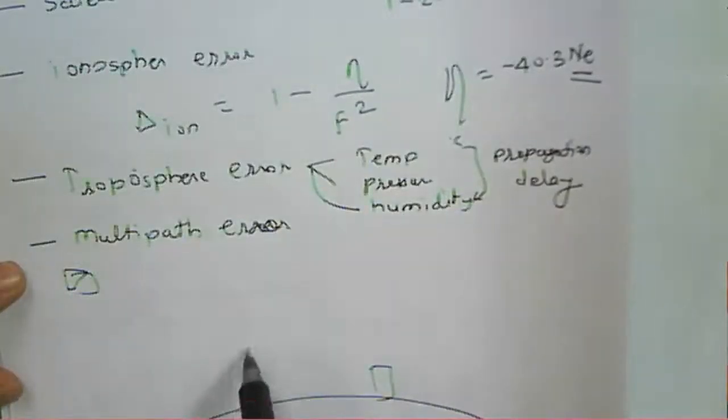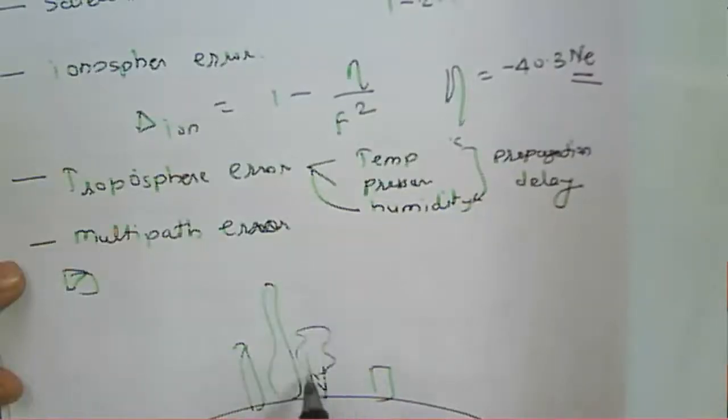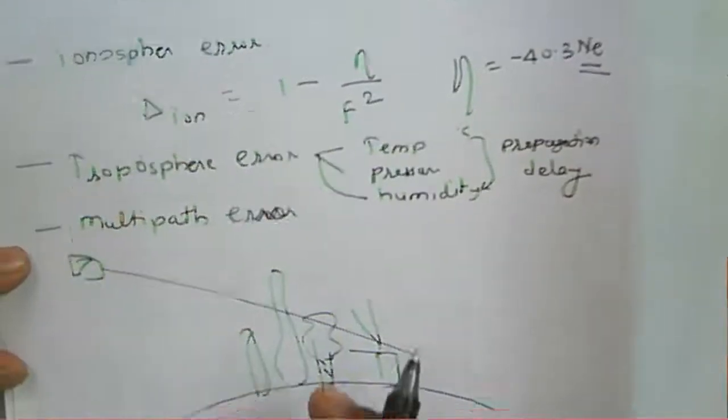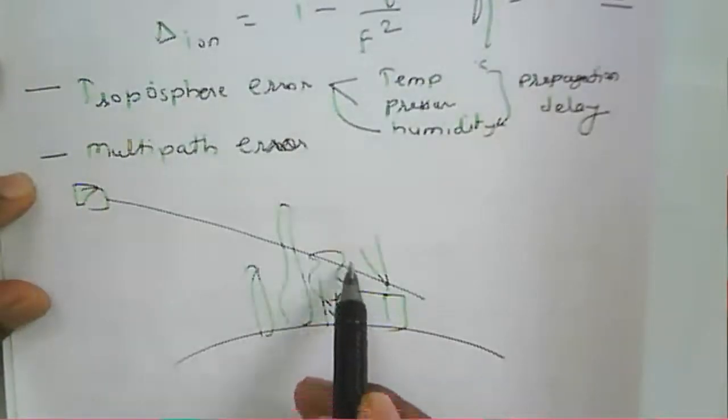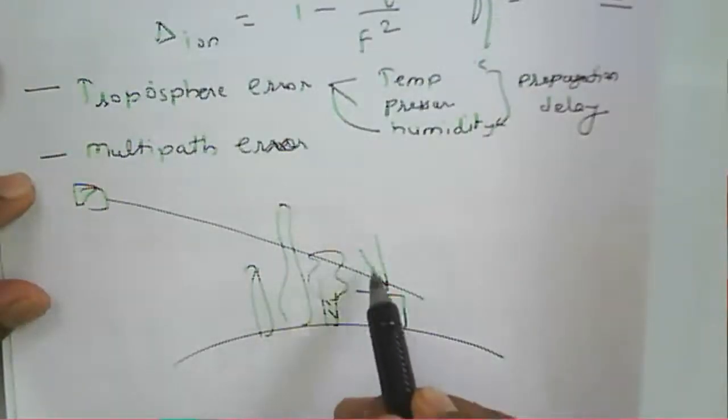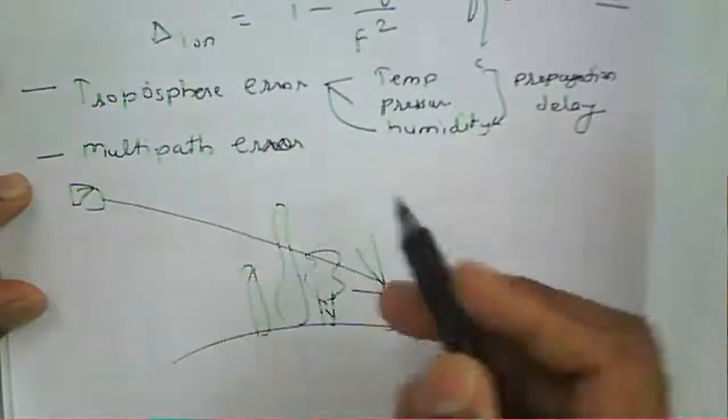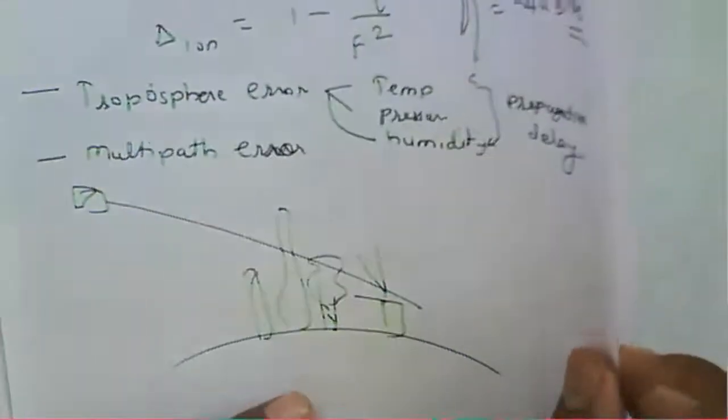There are a lot of buildings, there may be a tree, likewise. Whenever the signal reaches here, it has different paths, because the signal will be reflected from the building, reflected from the tree, or arrive as the direct signal. So multiple signals reach the receiver, which means multipath signals are coming.